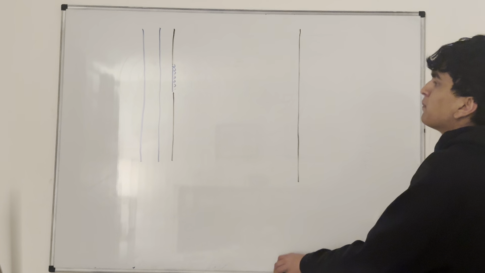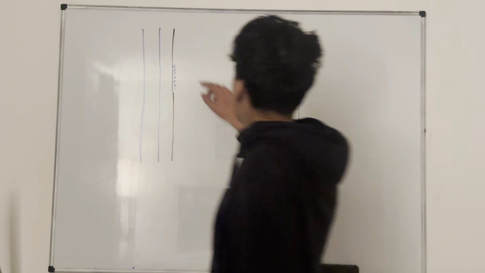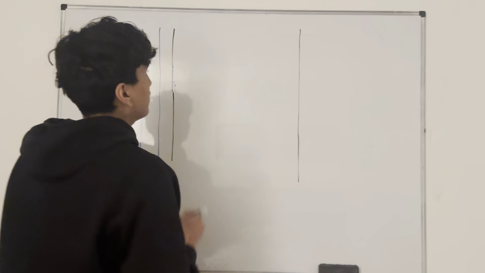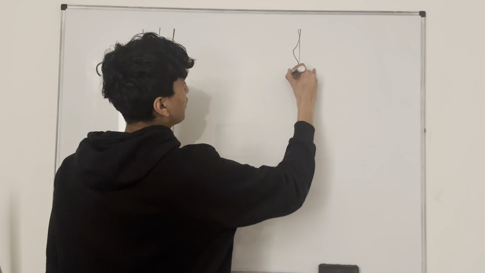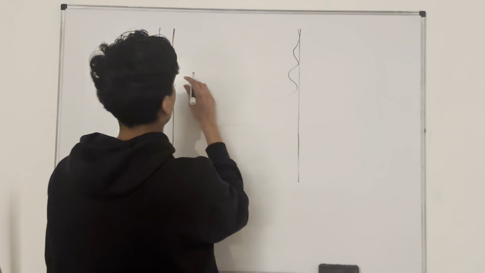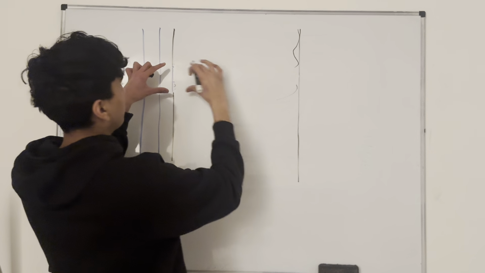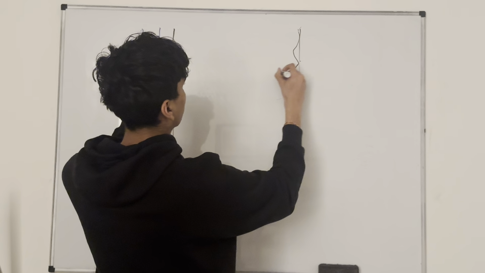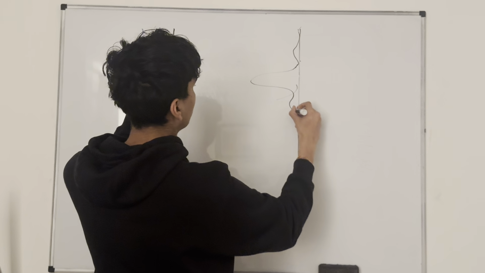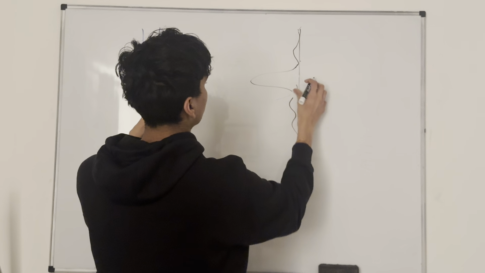The interference pattern you're going to get is going to look like this. I drew this terribly because the slit's right here. If this is the middle, you're going to have these fringes, a really big bright spot, and then more fringes.